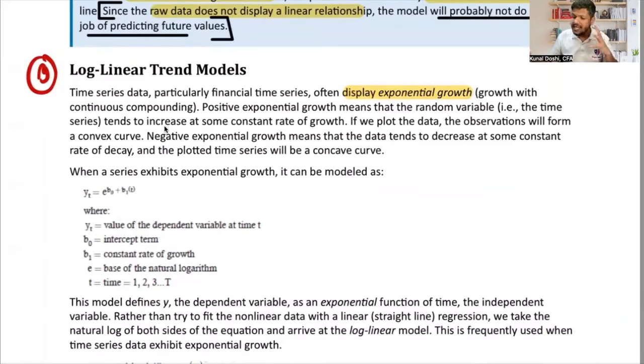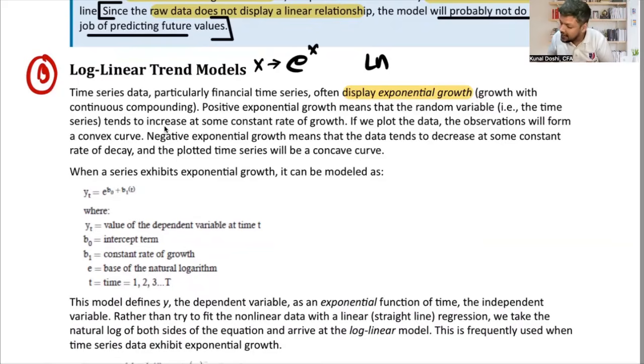See, many students get worried. What is log and what is exponential? Let me tell you, whenever you do exponential of something, it's a continuous compounding. And log is the opposite of it. So if I do continuous compounding of x, it will give me the value e to the power x, exponential.